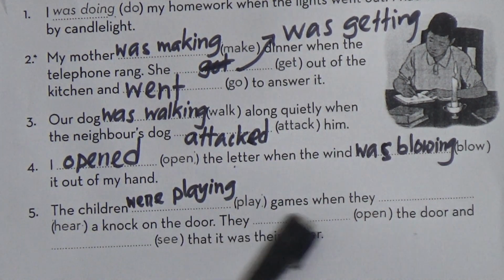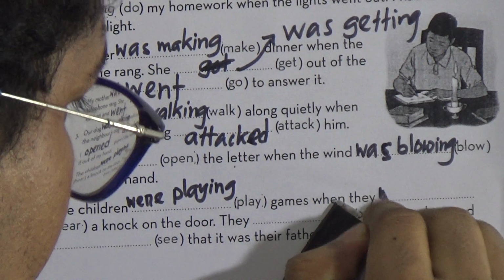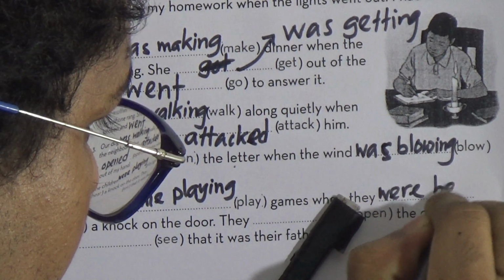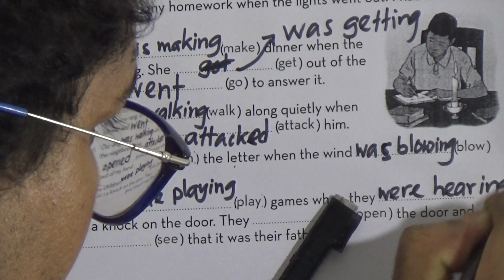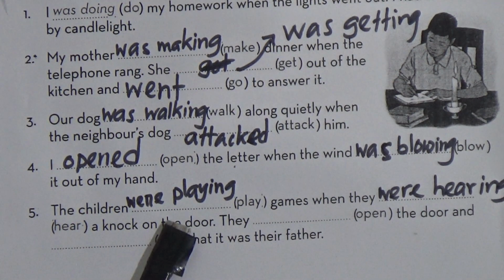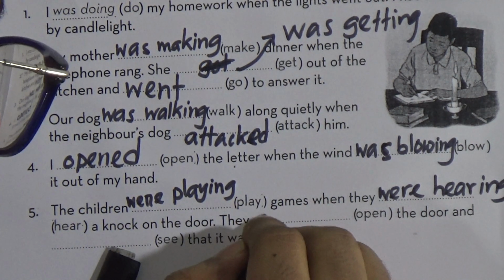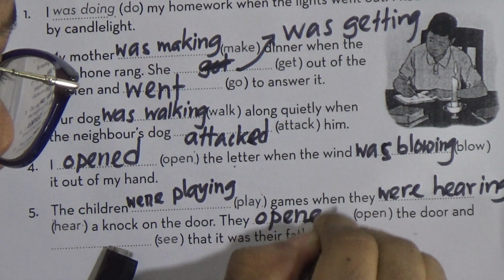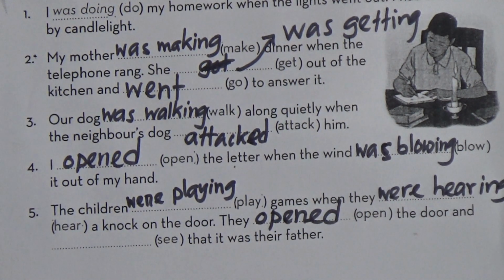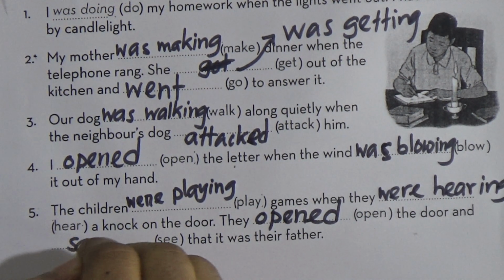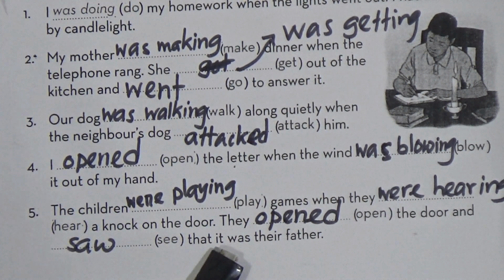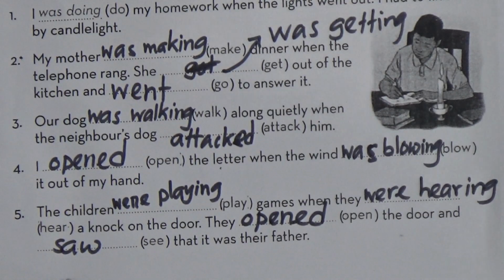The children were playing games when they heard a knock on the door. They opened the door and saw that it was their father. This is exercise 2.